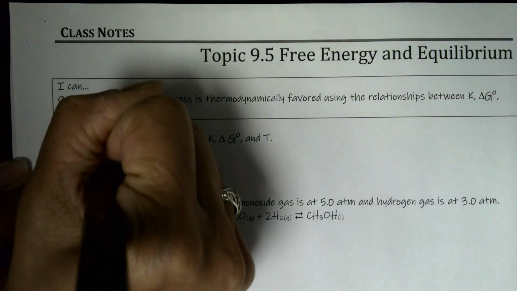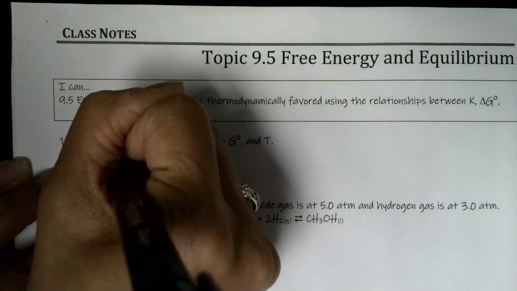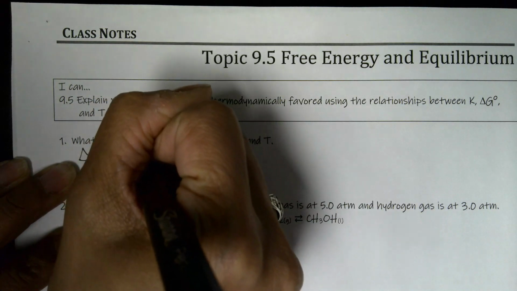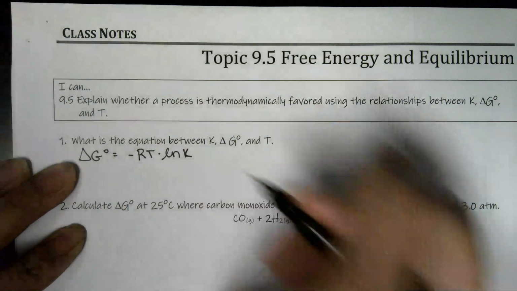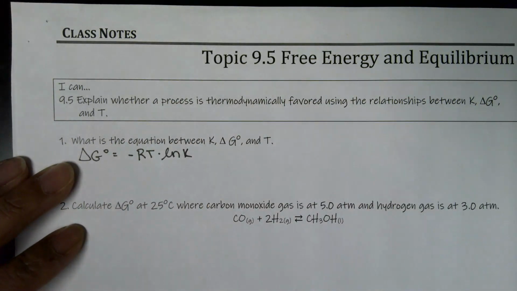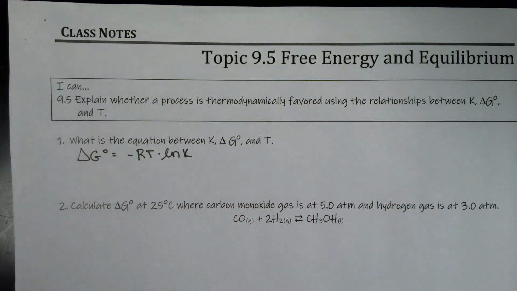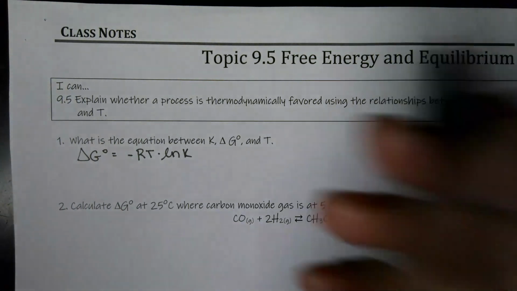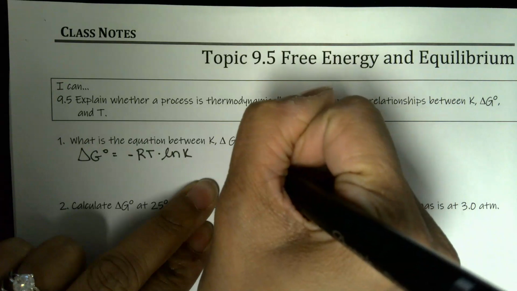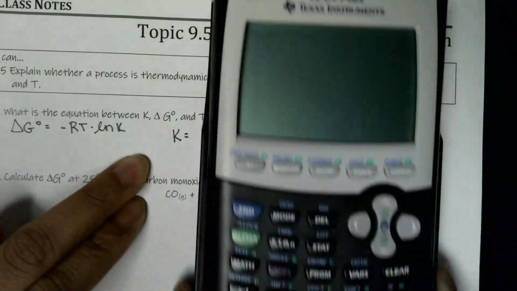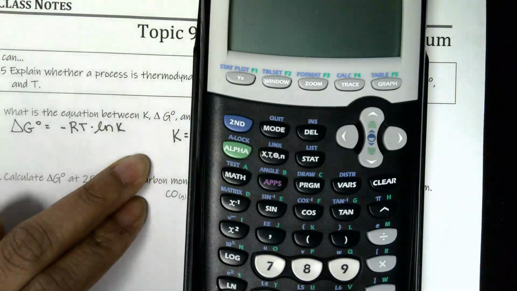So this is the equation that we have for this one. We have delta G, standard conditions, equal to negative RT times ln, and ln is your natural log of K. If we have to flip it, for instance, if we are solving for K, look at your natural log button.